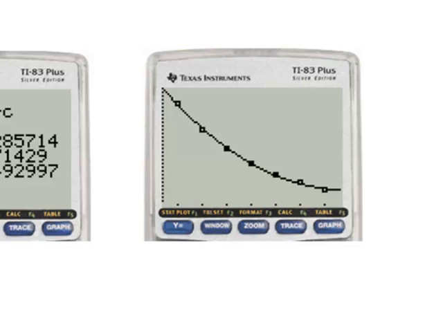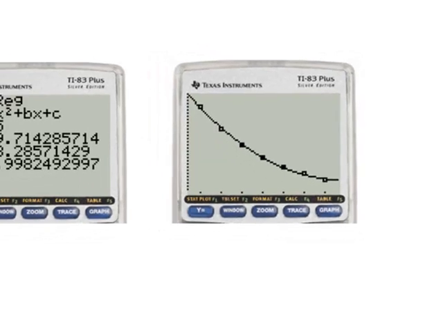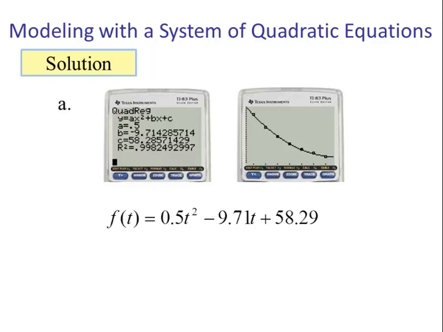If we graph it with the data set, we see this is doing a very, very good job of modeling the data. So for the quadratic model, we would say f of t equals 0.5 t squared minus 9.71 t plus 58.29.